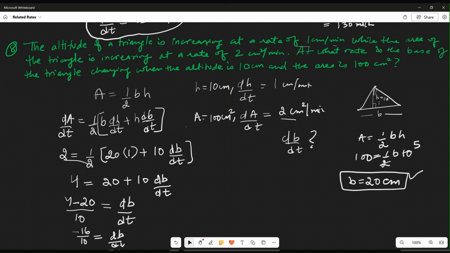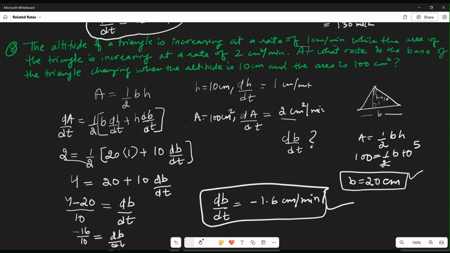So which is simply db over dt. At what rate is the base of the triangle changing when the altitude is 10 centimeters and the area is 100 square centimeters? At negative 1.6 centimeters per minute.